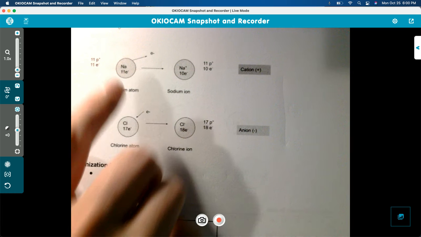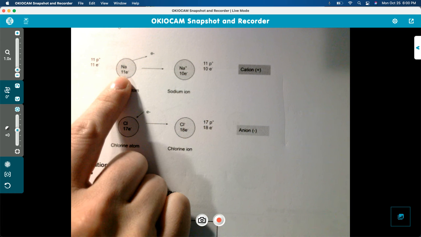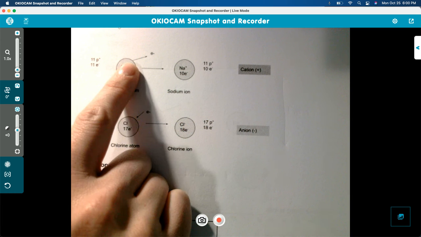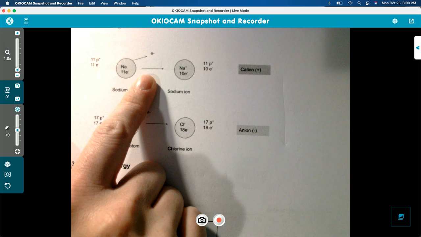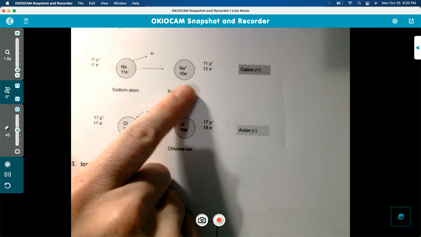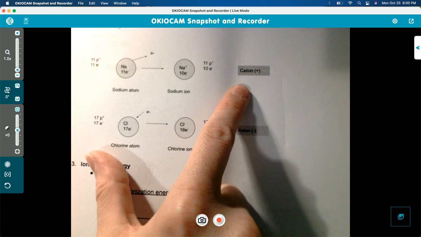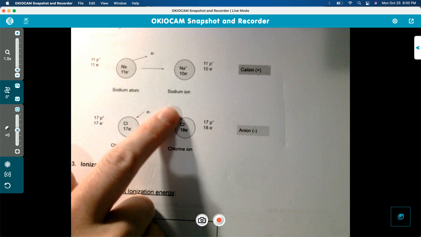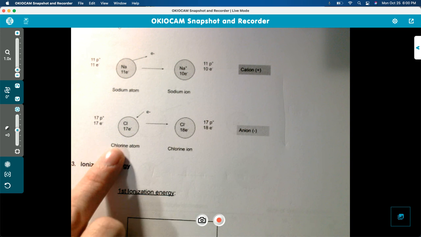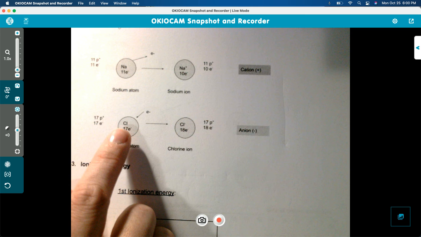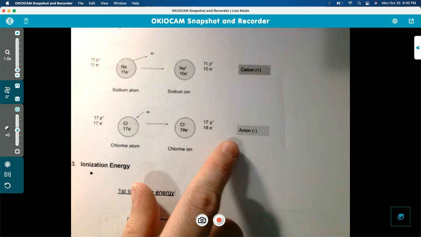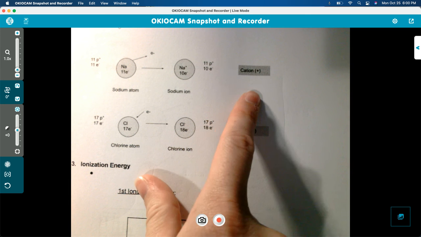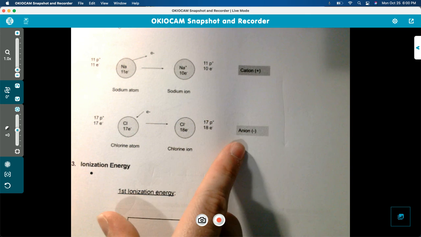Okay, so we've got sodium. Sodium originally has 11 electrons. Sodium likes to lose electrons, and when it loses electrons, it goes from 11 electrons to 10 electrons, and it forms a cation. We also have chlorine. Chlorine usually has 17 electrons, but chlorine likes to gain electrons. So when chlorine gains an electron, it goes from 17 to 18, and we have an anion. So cations are positive, anions are negative.